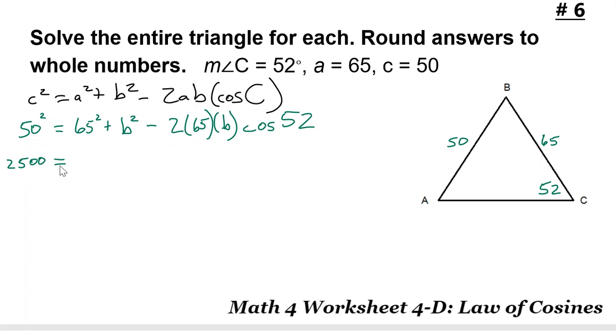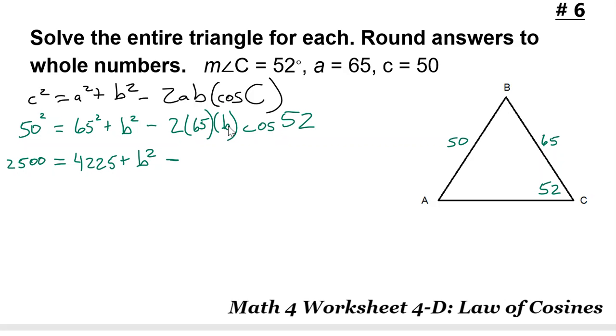Let's see, 65 squared is going to be 4,225. Now, if I have 2 times 65 times b times cosine of 52, the only unknown there is b.